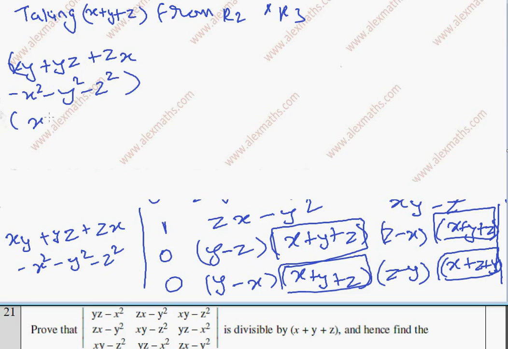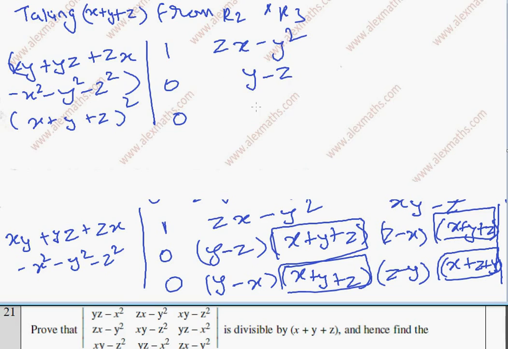Along with that we have x plus y plus z whole square. Then 1 0 0, zx minus y square, y minus z, y minus x, then xy minus z square, z minus x and z minus y.